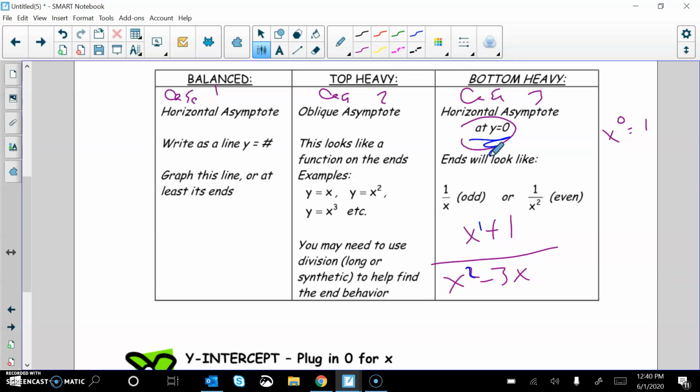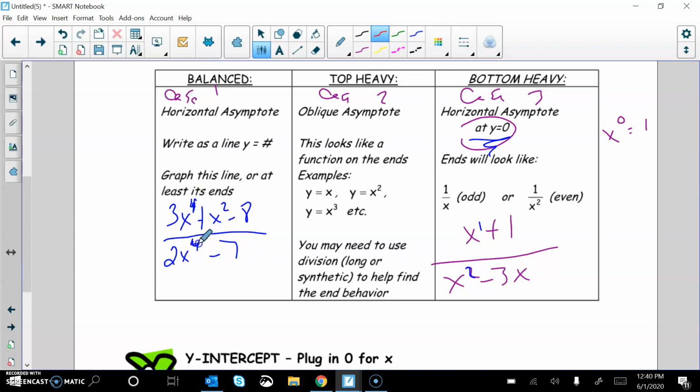All right, let's go to case 1, where it's a balance. So this one is referring to the degree of your numerator and denominator being the same. So for example, say we had 3x to the 4th power over x squared minus 8, 2x to the 4th power minus 7. So for this one, the degree of your numerator is 4.